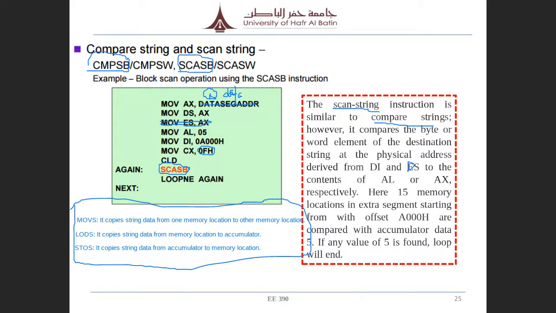So that means not memory to memory, but from memory to accumulator, it may be AL or AX. As a byte that means AL, and as a word, AX. And store string, STOS, copies string data from accumulator to memory location. All right, so these three differences are clear.